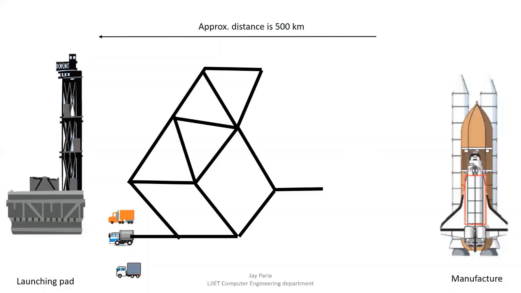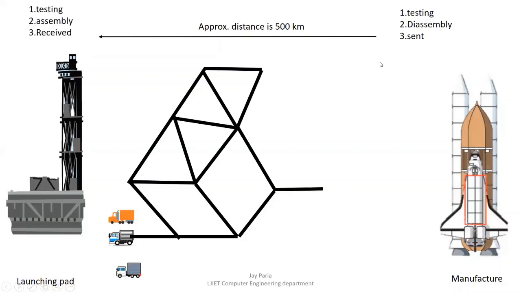In the layering approach, we divide the whole problem into smaller problems and try to solve these smaller problems, and eventually the whole problem will be solved. At the sending side, at the manufacturing side, first we will do the testing of the space shuttle. After the testing is done, we will do the de-assembly, and after the de-assembly is done, we will send the parts via trucks.